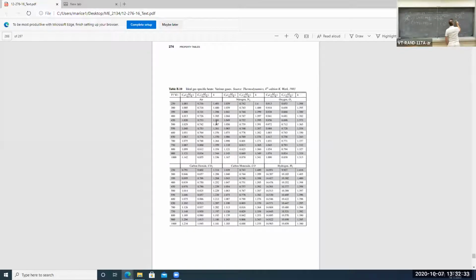And then I have T2 over T1 is equal to specific volume at state 2 over specific volume at state 1 to the 1 minus k. So these are the isentropic property relationships valid for IGB, constant specific heats, and constant entropy.